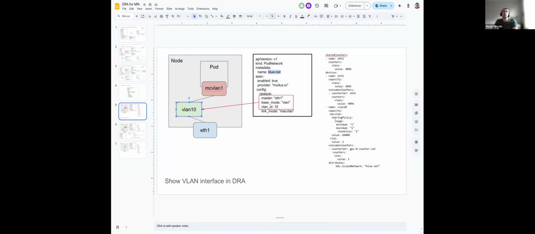So I think it boils down to the notion of how do I block ETH1 usage, right? Because I think this is where the whole clue is.